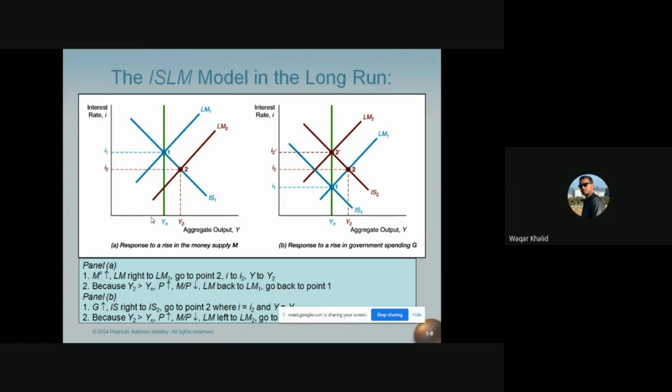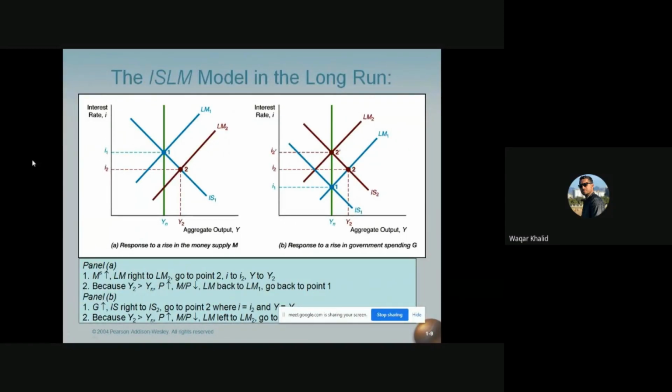The spending variables that affect the IS curve describe the demand for goods and services and are in real terms. They describe the physical quantities of goods that people want to buy. Because these quantities do not change with price level changes, a change in the price level has no effect on the IS curve.